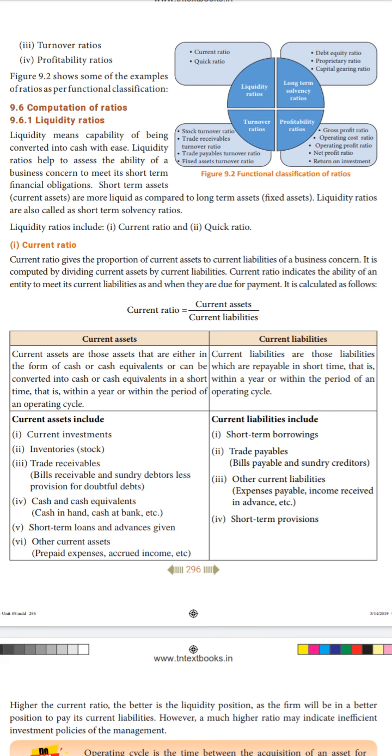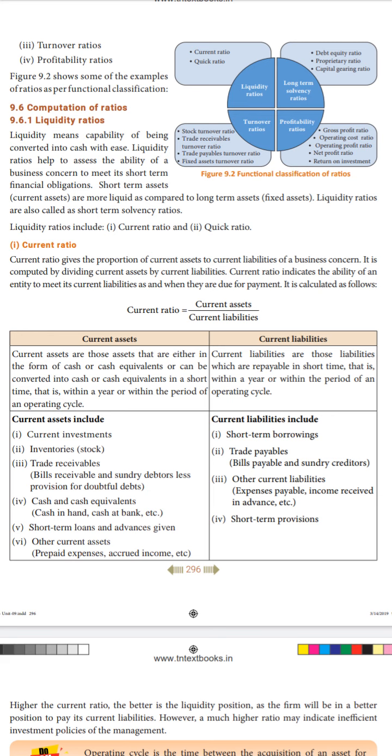Any borrowings which are to be paid within a period of 1 year, we call a current liability. This will include short-term borrowings and trade payables. Trade payables will include bills payable and sundry creditors.